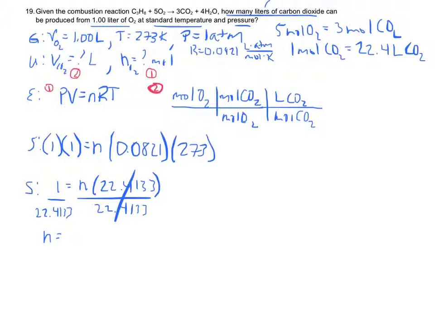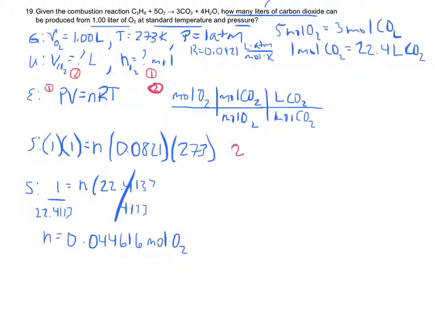So n is equal to 0.044616, and that should be enough. You need to make sure you take it out a few places so that you don't have error. So remember that this is your moles of O2.